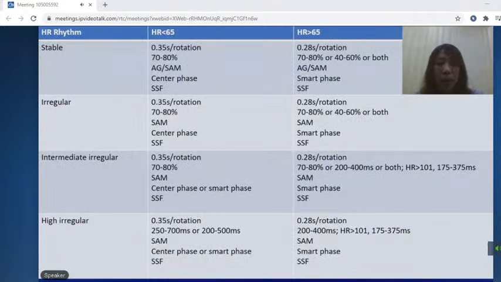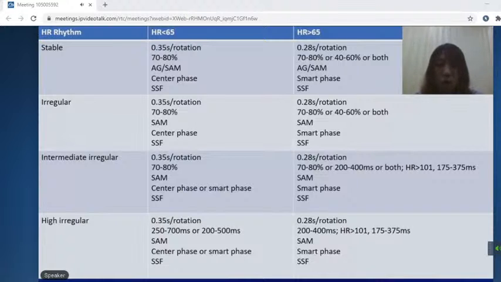I have a conclusion of the auto-gating profile. Heart rate threshold is 65. Below 65, the rotation time is 0.35 seconds. Above 65, the rotation time is 0.28 seconds. For patients with stable, irregular, or intermediate irregular heart rhythm, with heart rates below 65, the acquisition phase is 70 to 80%.